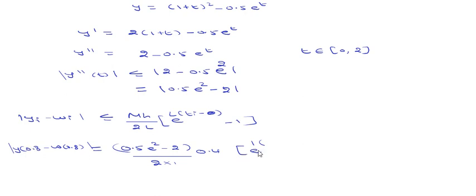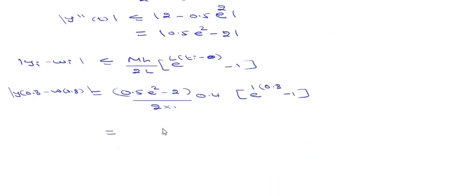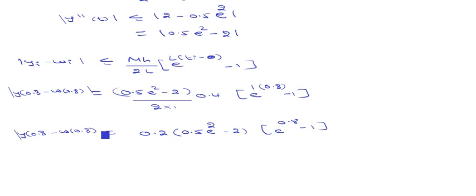Therefore we can cancel, and we get 0.2 into (0.5 e square minus 2) into (e power 0.8 minus 1). This is our error bound at t equal to 0.8.